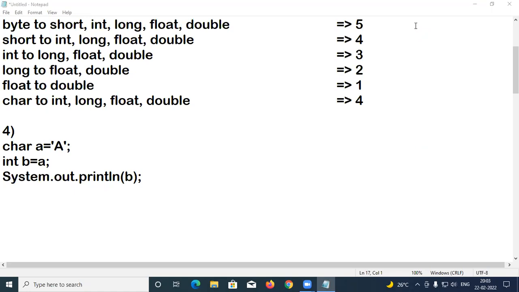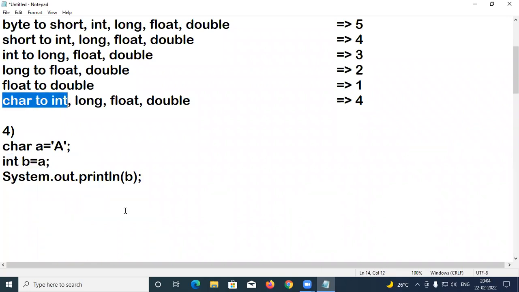Now here, character A equal to capital A, into B equal to A, system dot out dot println B. Now A is which type? Character type. B is which type? Integer. In this line, is it character to integer or integer to character? Character to integer. Does it come under 19 or 23? 19.